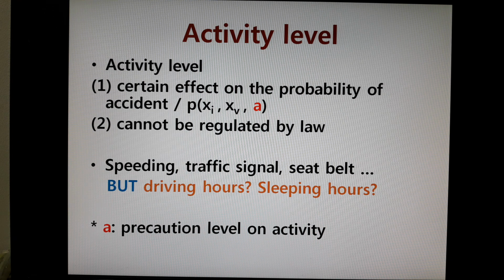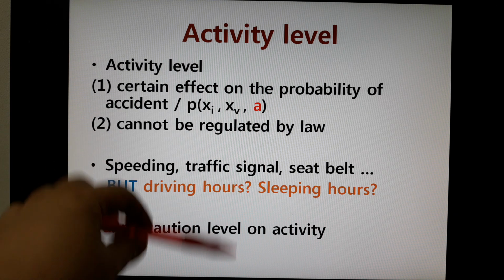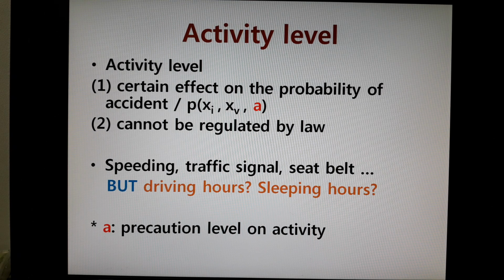My God, how can you measure that, first of all? And if you can measure that, how can you possibly prevent people from driving when they sleep like 5 hours? So politically or technically, those things are very difficult. So it cannot be regulated by law, even though driving hours and sleeping hours have a great influence on the probability of accident.